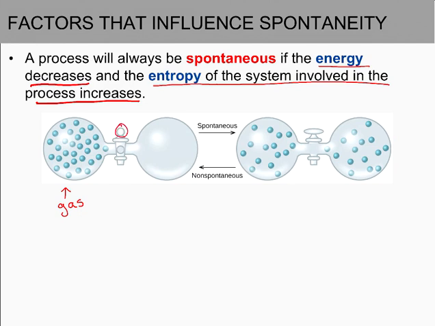And then there's a little valve here that we can turn, which will connect the two sides together. So the gas can start to move over to the empty side of the apparatus. So if we do open up that valve, the gas is going to naturally move over to the right-hand side. And eventually we'll reach a point where there's approximately equal amounts of gas on both sides of this apparatus.